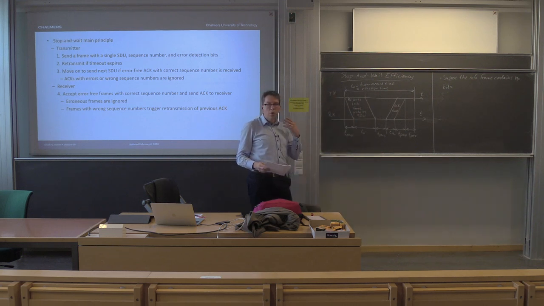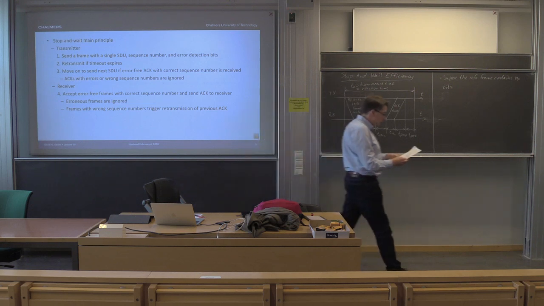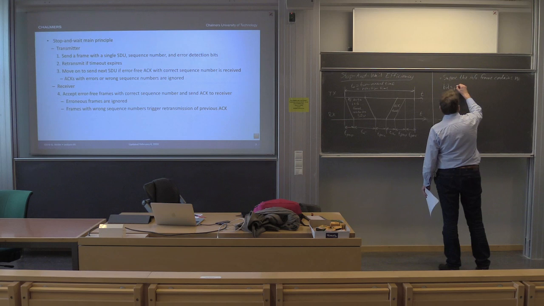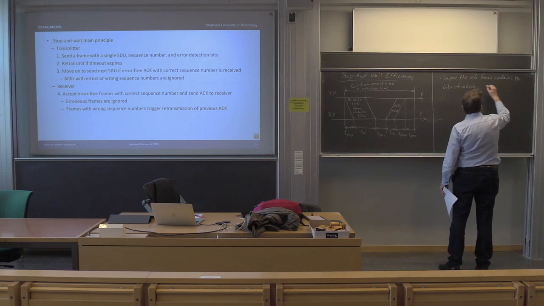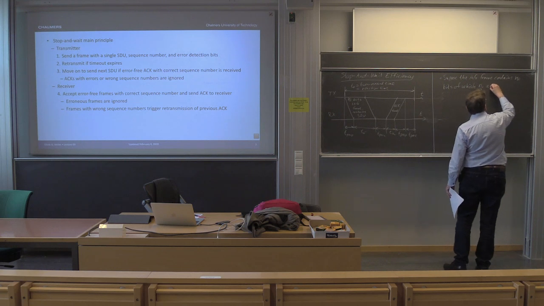Some of these are payload bits and some of them are just overhead bits: sequence numbers, addresses, headers, and so forth. So out of these NF bits, NO bits are overhead.